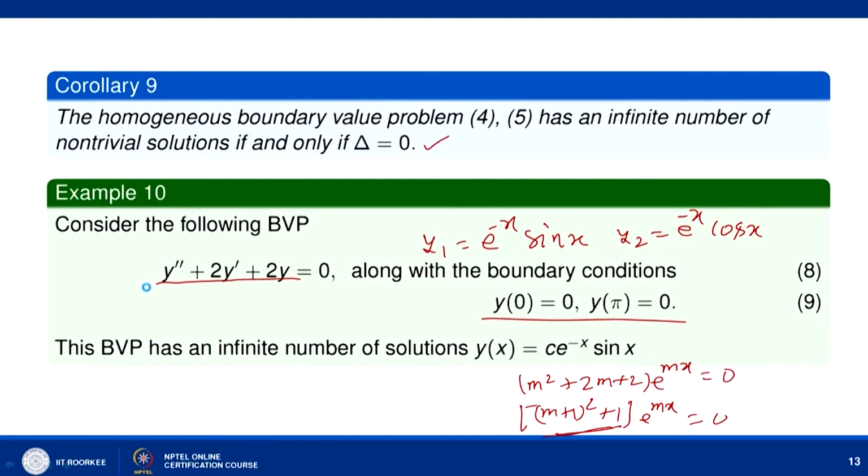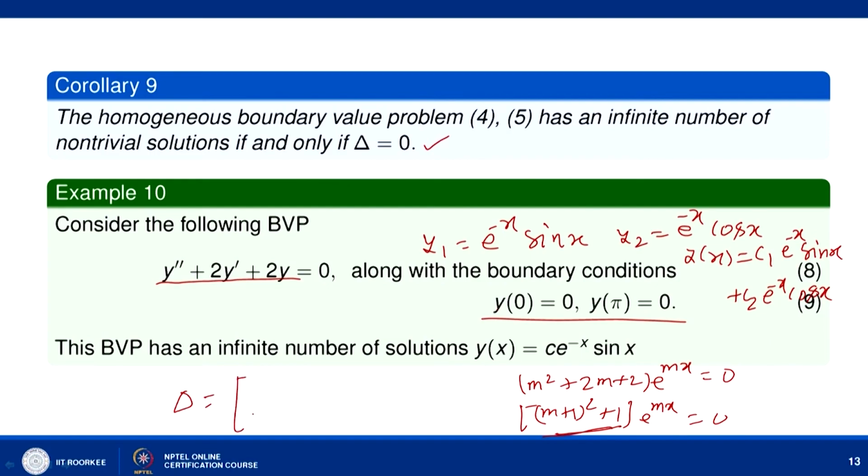So, let me take solutions as e to power minus x sin x and e to power minus x cos x, and that you can easily check. So, the general solution you can find: y of x equal to c1 e to power minus x sin x plus c2 e to power minus x cos x. Now, we have already the conditions L1 y equal to 0. So, you can look at the delta here. Delta is what?